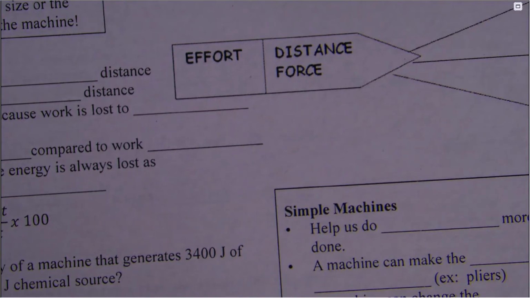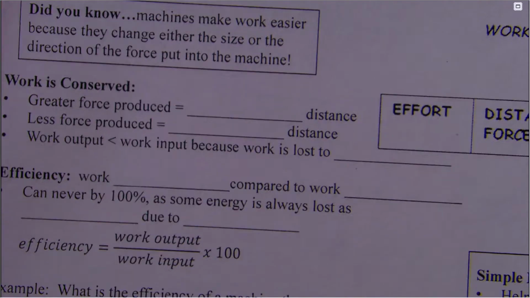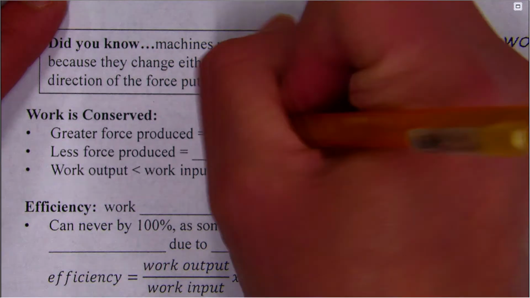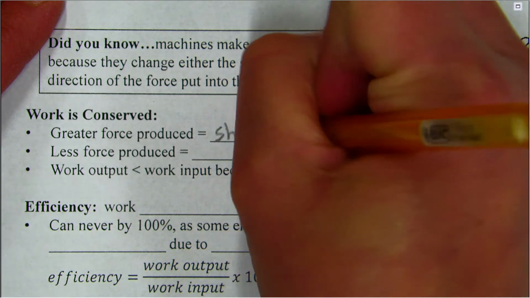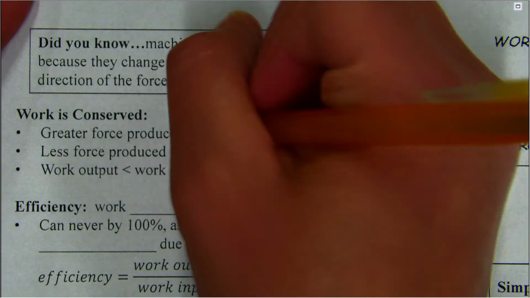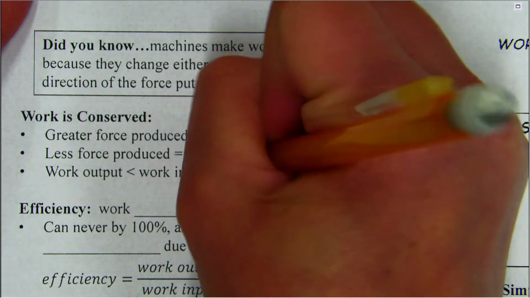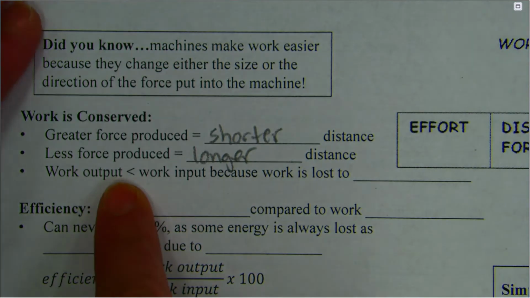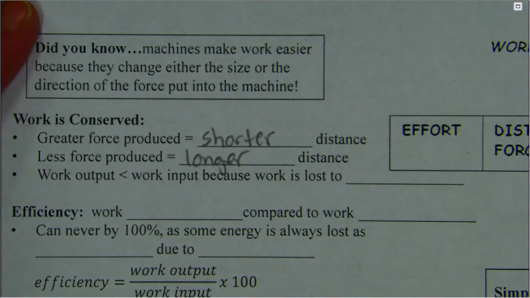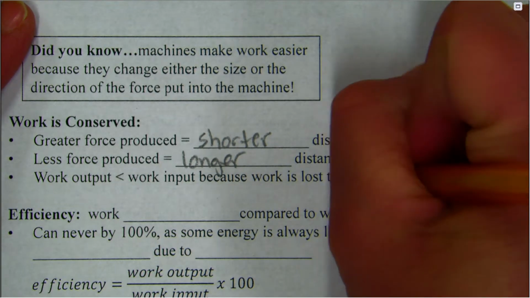All right, so we can look at work in terms of conservation. Machines are going to help work be conserved. The greater the force produced, the shorter the distance, and the less force produced, the longer the distance. Work output is less than work input because work will be lost due to friction.